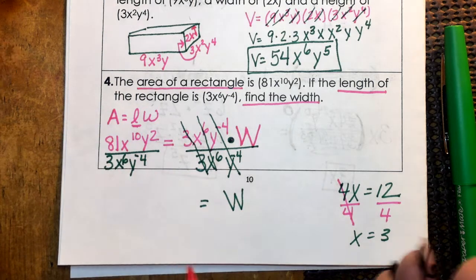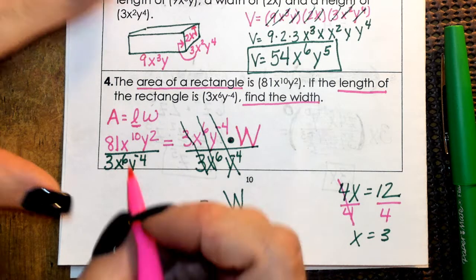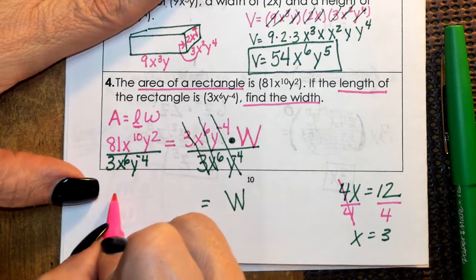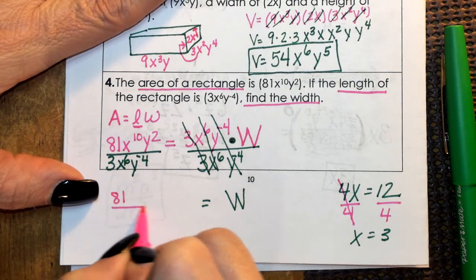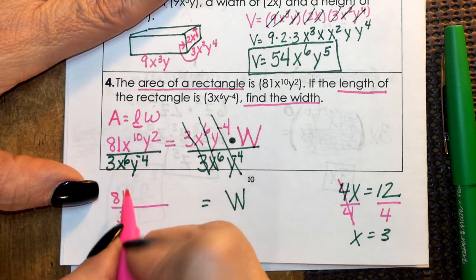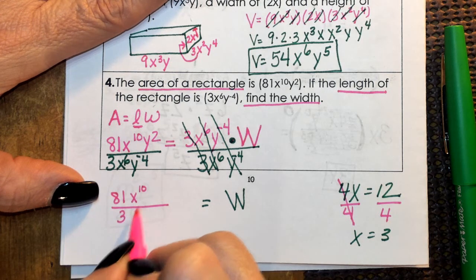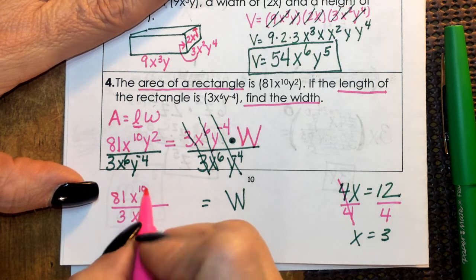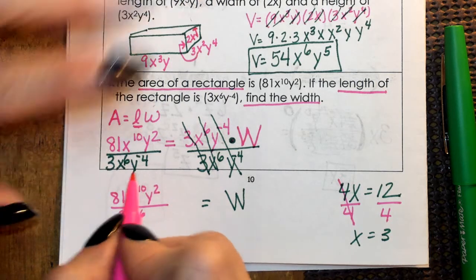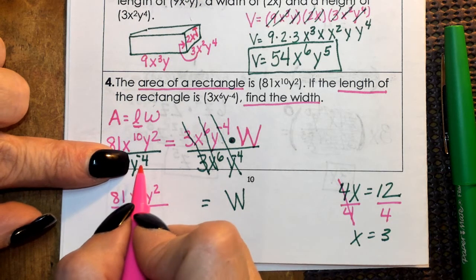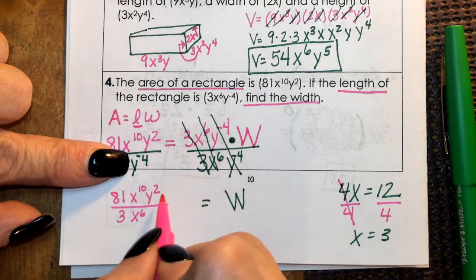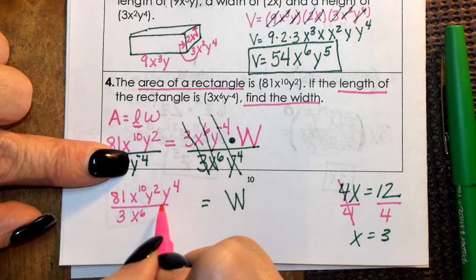But I have this negative here, and I don't like doing math with negative exponents, so I take another step. 81 over 3, x to the 10th, x to the 6th, y to the 2nd, but this one, look at me, I'm in the wrong spot. I'm going to move him up to the top.